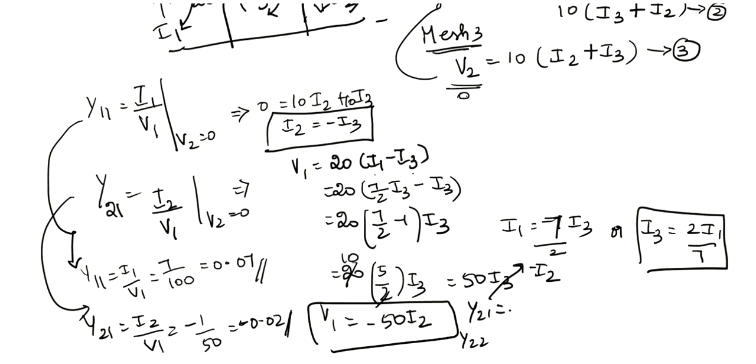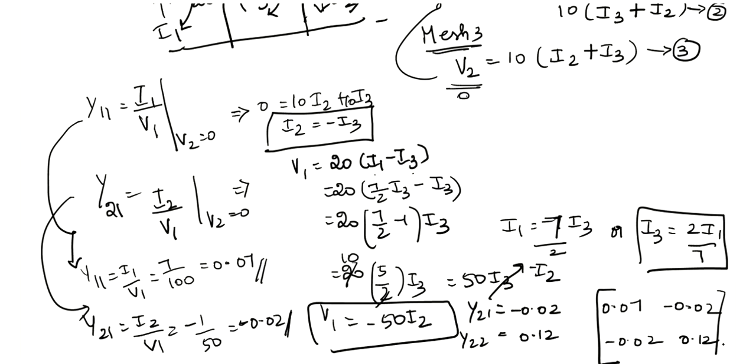Y12 answer will be 0.02 and Y22 is 0.12. So finally, writing the matrix, 0.07, minus 0.02, minus 0.02, 0.12. This is the answer for this question.